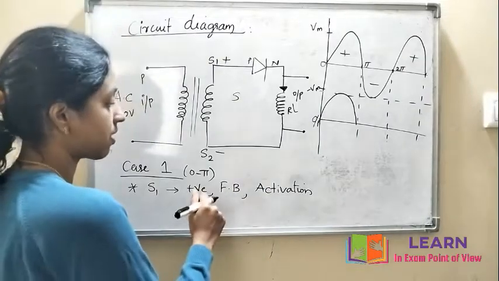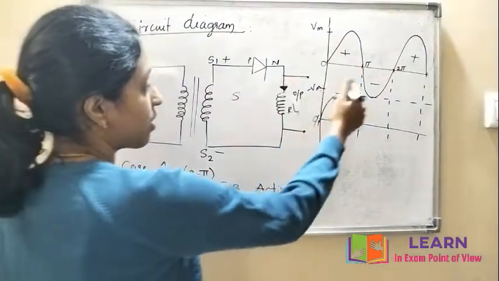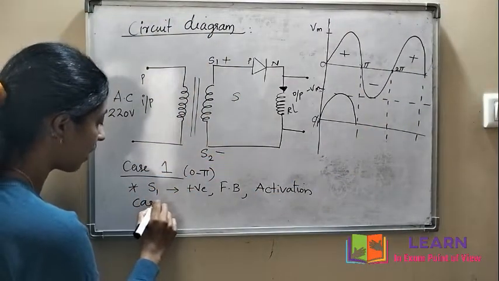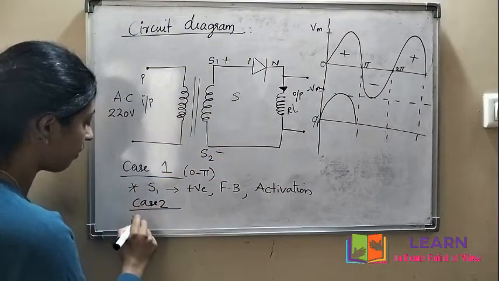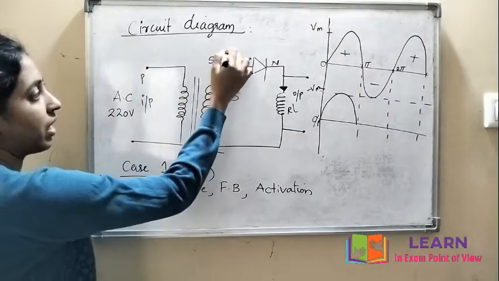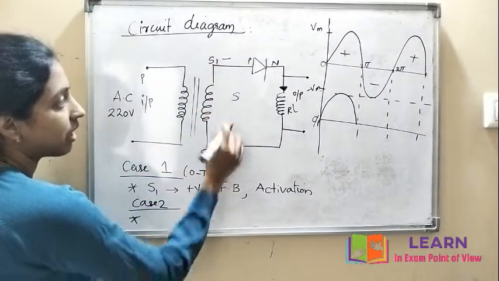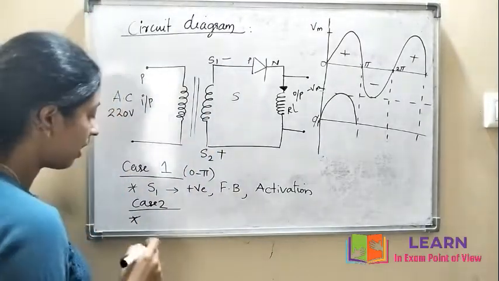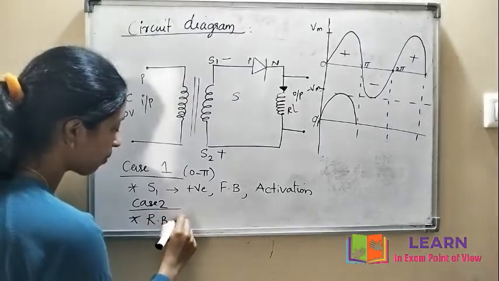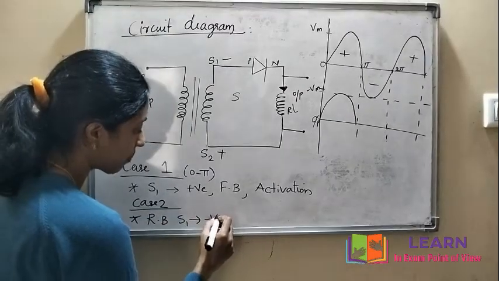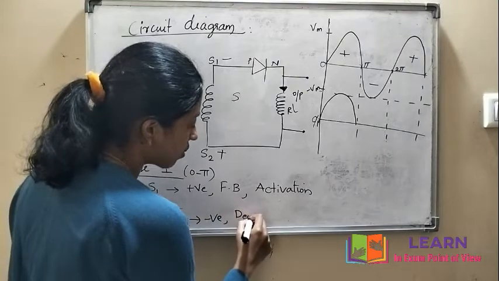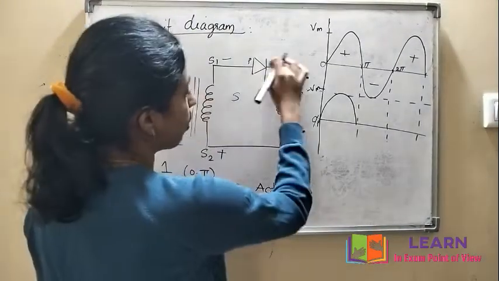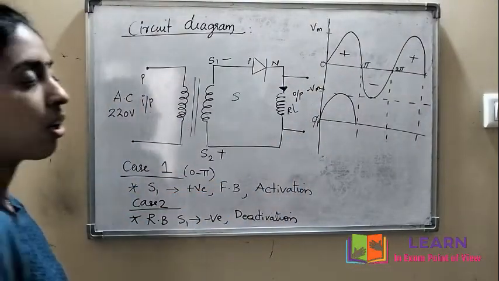In case 2, we take the negative half cycle, where the polarity reverses. Here negative, here plus. That means negative is connected to P, which is reverse biasing, when S1 is negative. That is deactivation mode. Deactivation mode means no voltage will come to the load resistance.